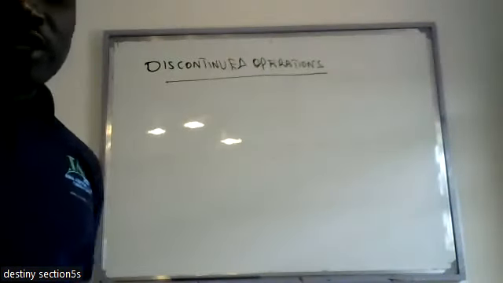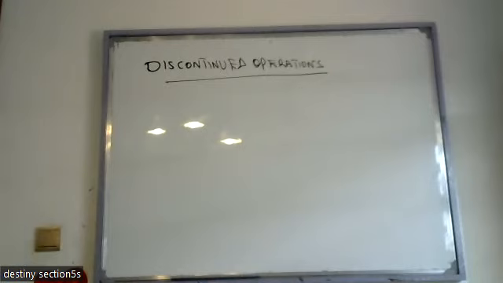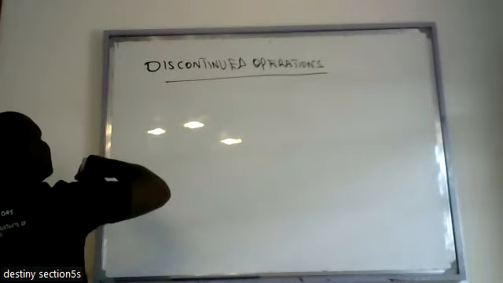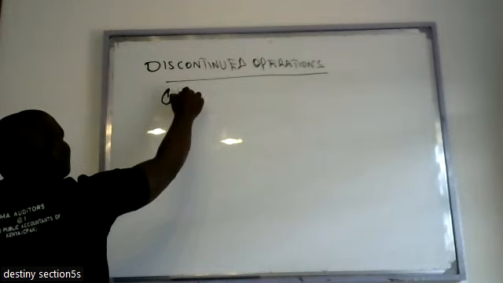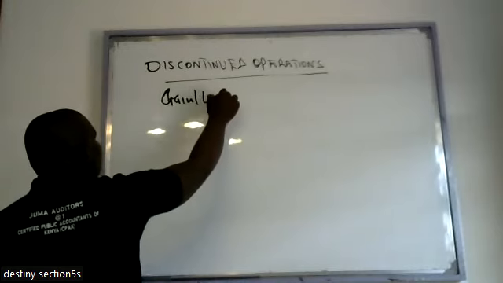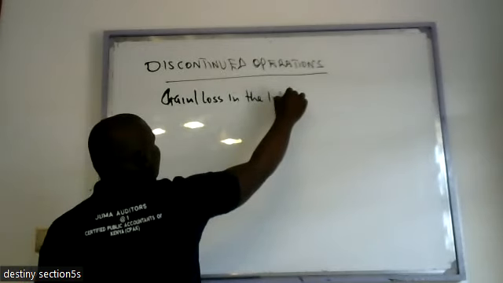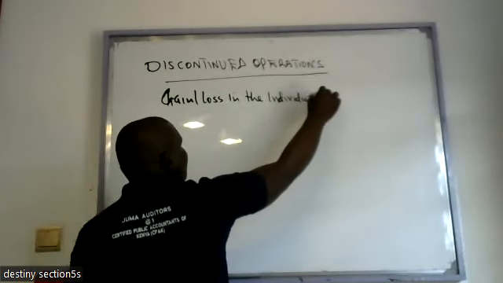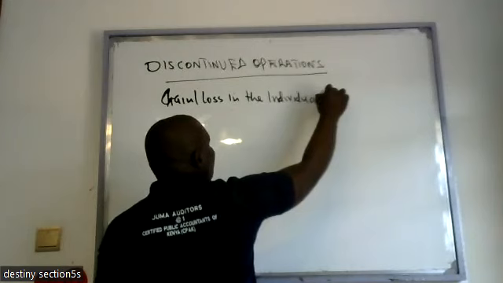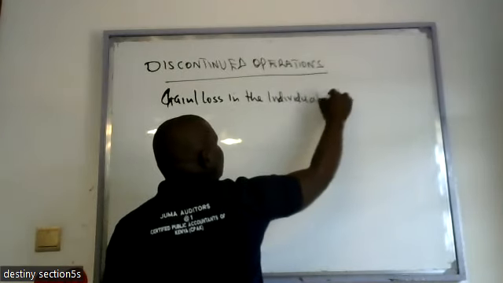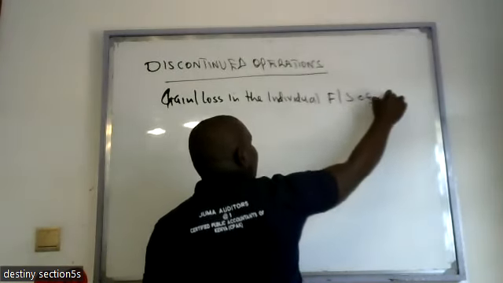Down there, you say gain/loss in the individual financial statements of the parent.